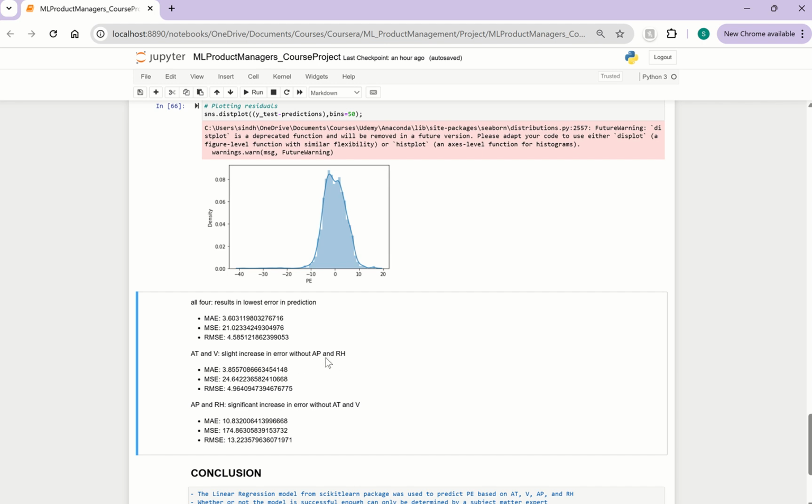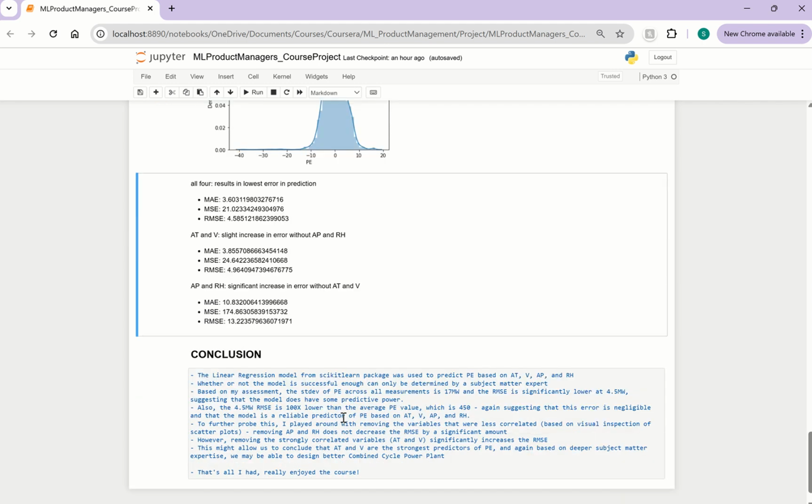So I removed AP and RH and ran the model again, and found that the errors actually slightly increase compared to when all four variables are included in the predictive model. I also tested what would happen if we remove the strongest correlated variables, AT and V, and as expected, the errors jump up pretty significantly without those variables included.